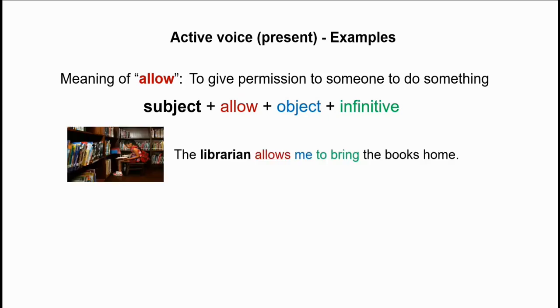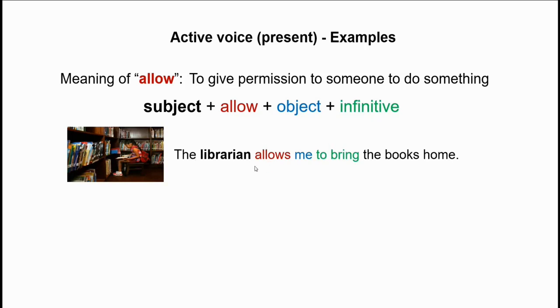Example: the librarian allows me to bring the books home. So this is the present simple. This means that the librarian gives me permission to bring the books home. The librarian authorized me to bring the books home.